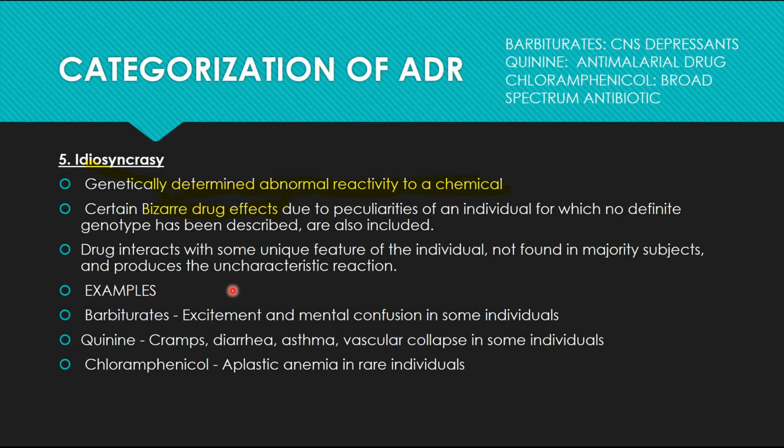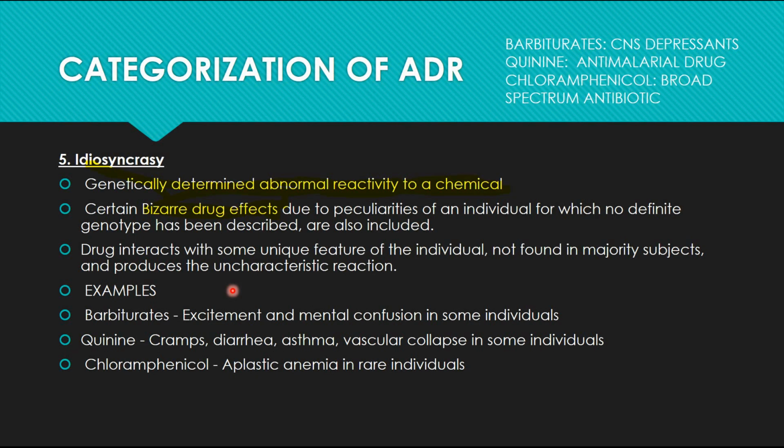For example, barbiturates cause excitation and mental confusion in some individuals. In addition, certain bizarre drug effects are due to peculiarities of the individual, where a definite genotype has not been described, and they are included in the idiosyncratic reactions.